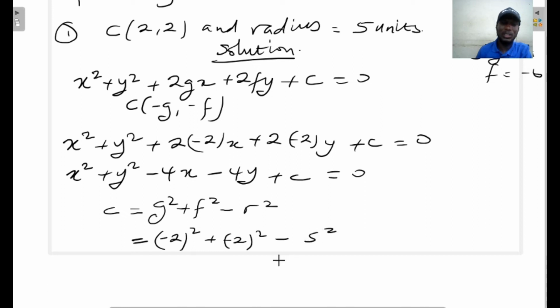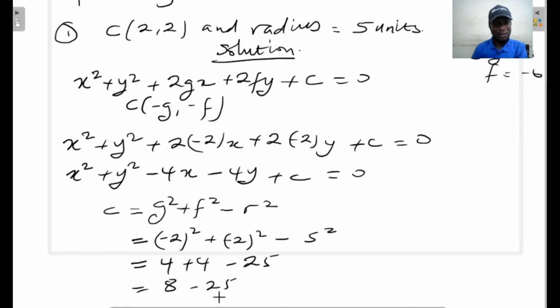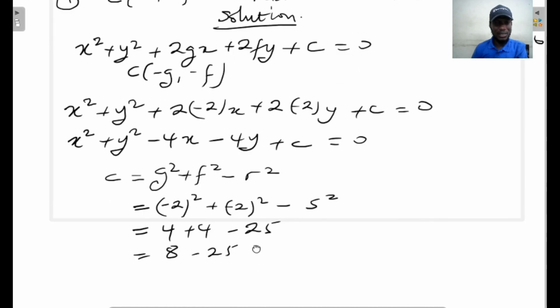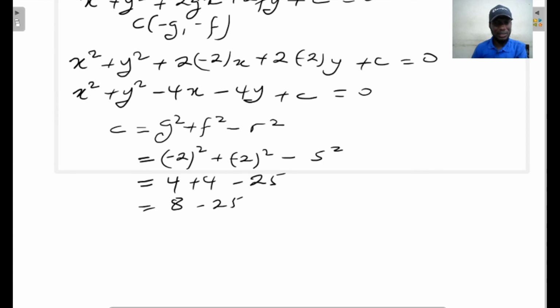So we have to square the 5 too, because it's r squared. So this is going to give us 4 plus 4 minus 25. And this will give us 8 minus 25, which will give us negative 17.